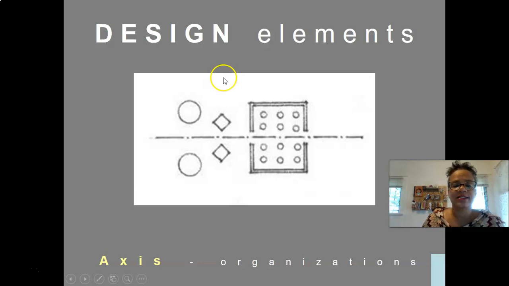Axis. So axis is this line right here. Axis is a measuring point. It's how we organize things. It's a line that typically is going to happen down the center, but the primary definition of axis is a line in which we measure.